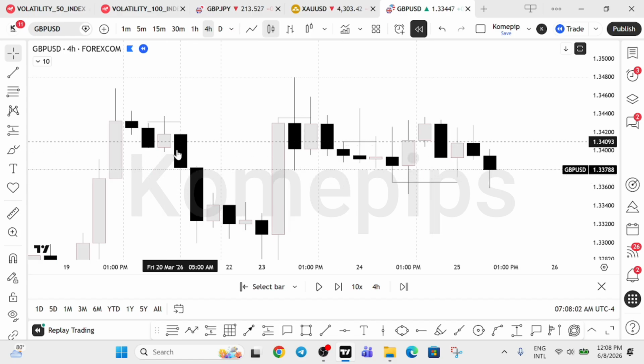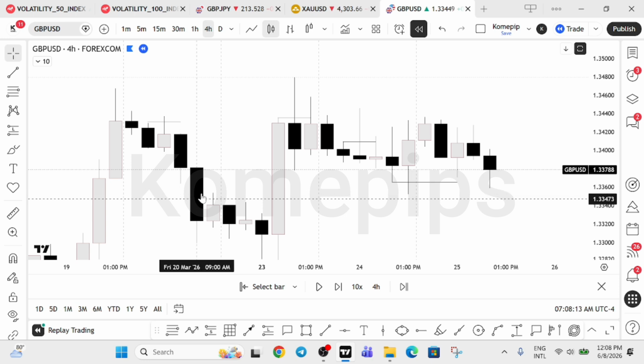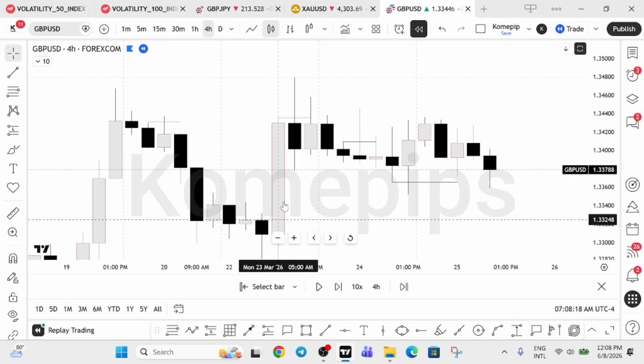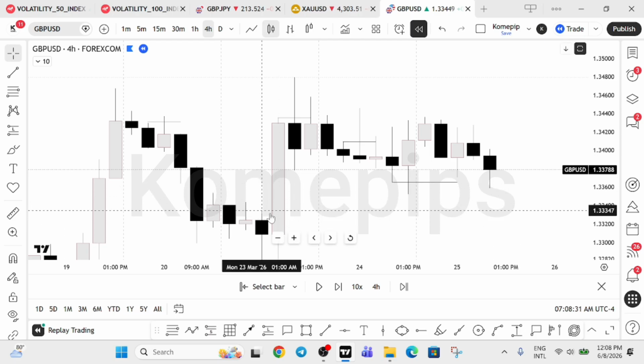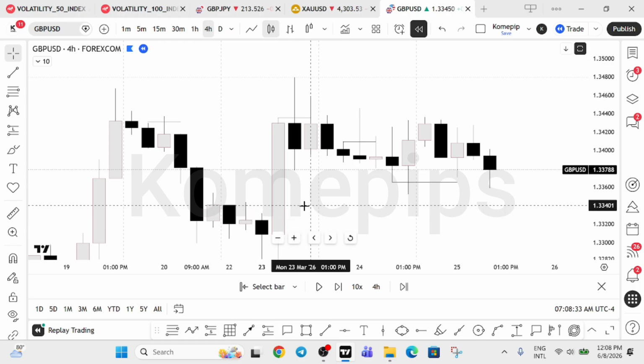Remember that for every candle we have both the buyers and the sellers, but in scenarios like this bearish candle, we have more selling momentum than buying momentum, and that's why we can call this a bearish candle. Same thing on the flip side, we call this a bullish candle because both buyers and sellers are on this candle, but in this scenario, the buyers overwhelmed the sellers. Therefore, we can call this a bullish candle.